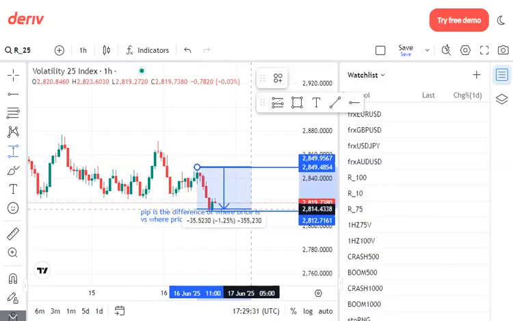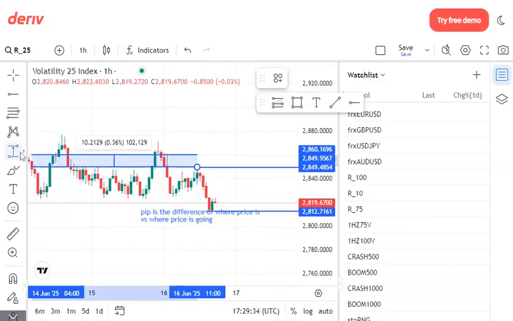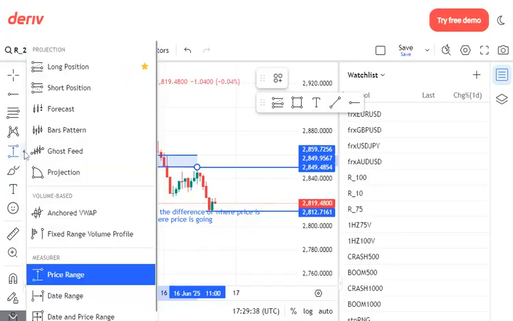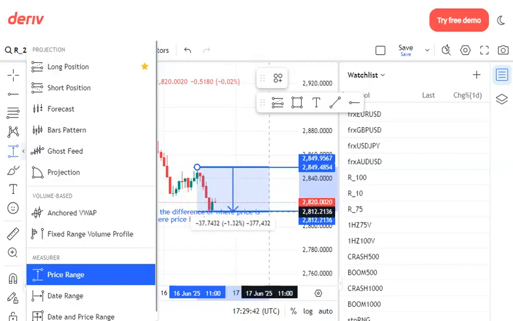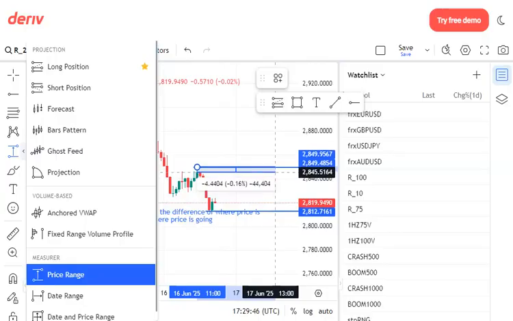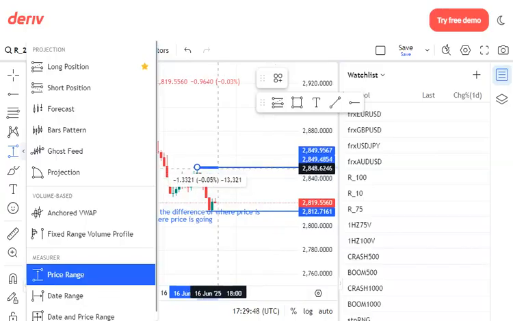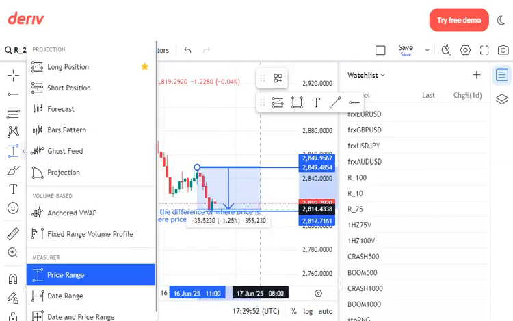So this is how we calculate pips. If we use this, we call it price range. So price range equals, say, pips. This is the difference between where price was versus where the price is going.